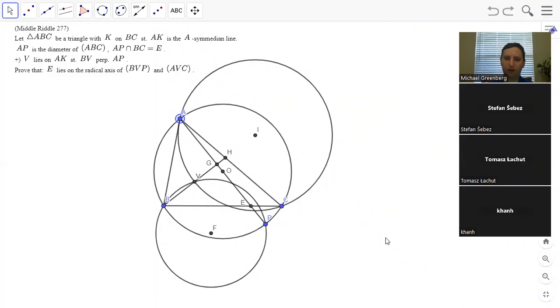Let's think. I'm going to try using sines. F, P, P. And then C over OC.